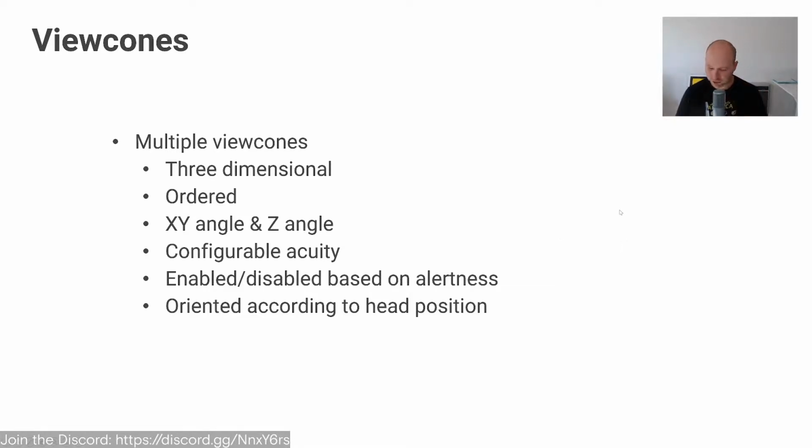The view cone in this context is actually not the same as a camera, right? In a camera, your field of view really affects your image, but here your field of view affects your ability to perceive something changing in your environment. I could be facing you but looking at something else.